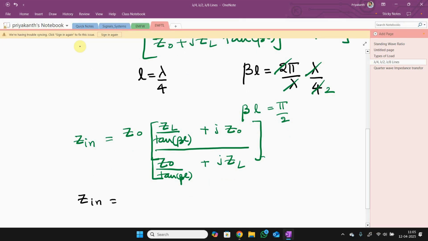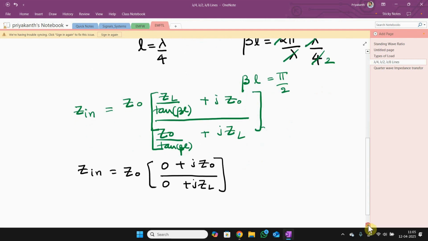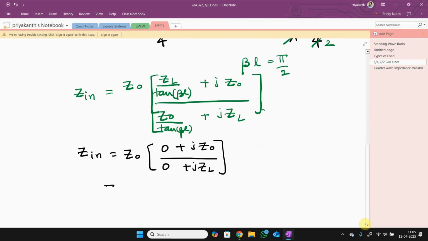Now substitute beta L as pi by 2. What happens to Zin in this case? This becomes 0 plus jZ0 by, again, 0 plus jZL. So Zin, in the case of a quarter wavelength transmission line, cancelling, is Z0 square by ZL.